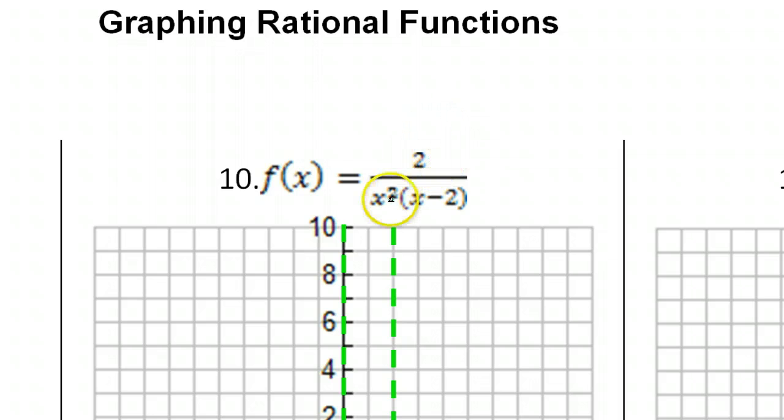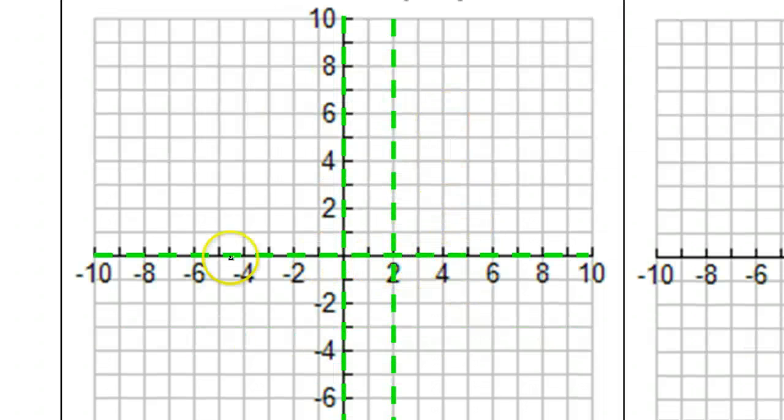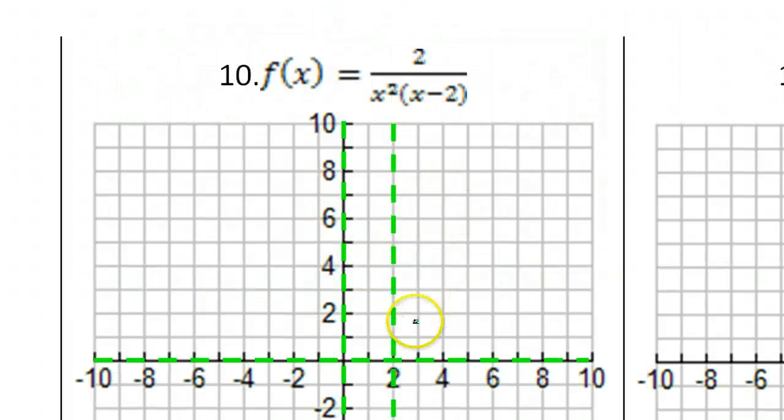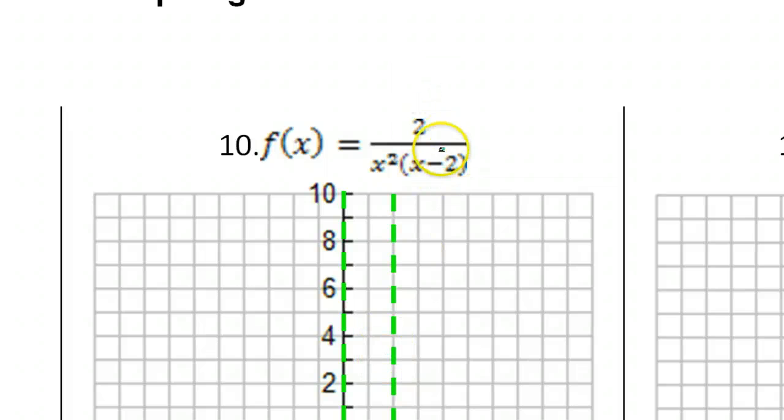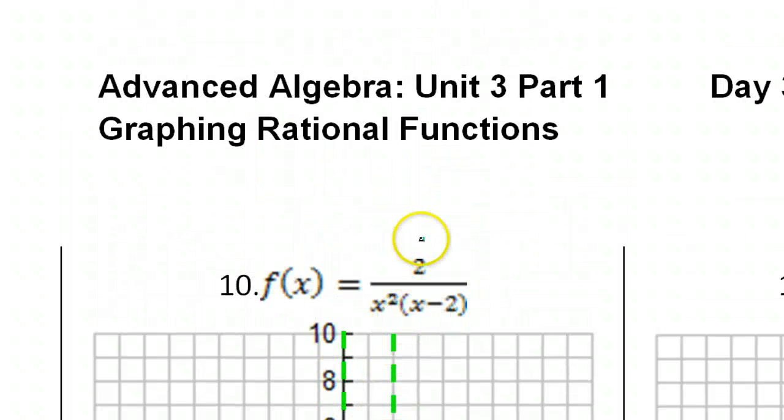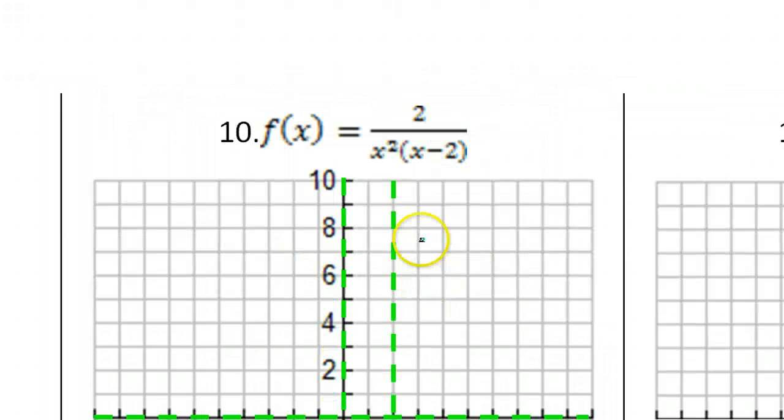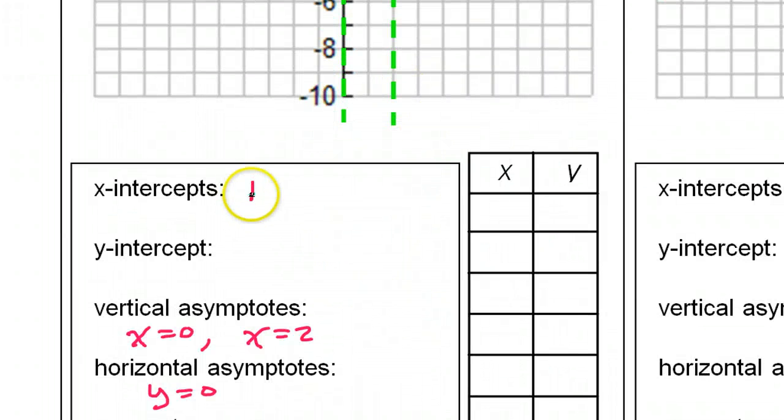So there are no x-intercepts. Very interesting. 2 can't be 0, so there you go. Let's just write that down. X-intercepts: none.